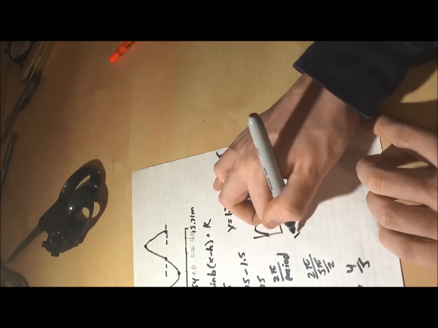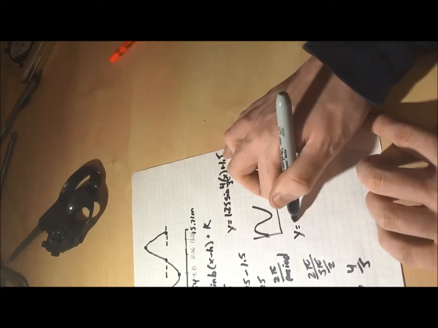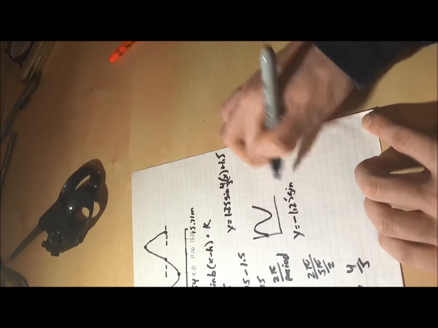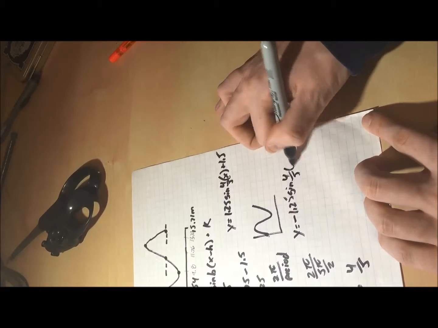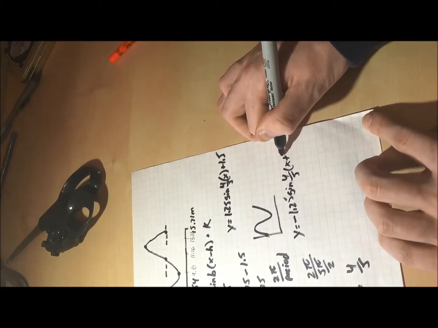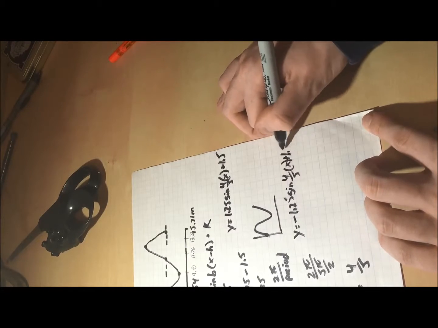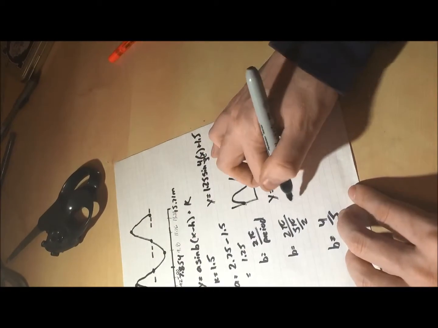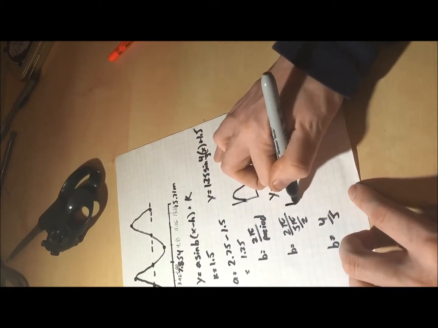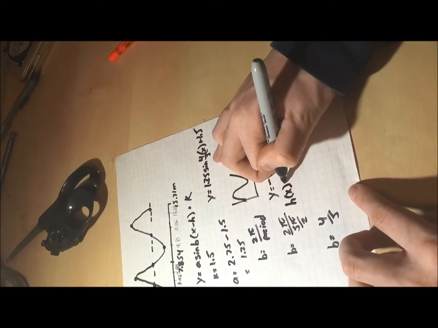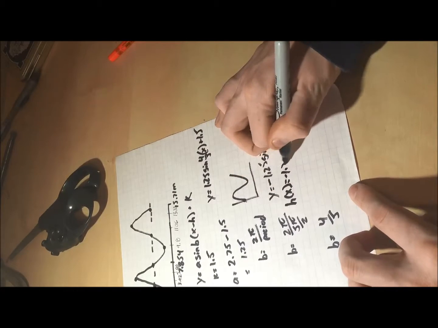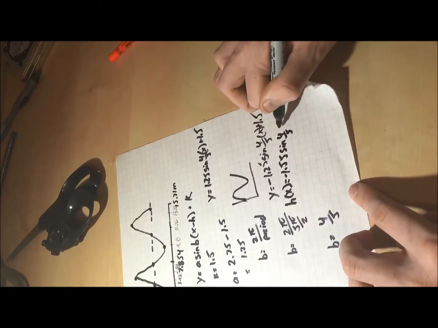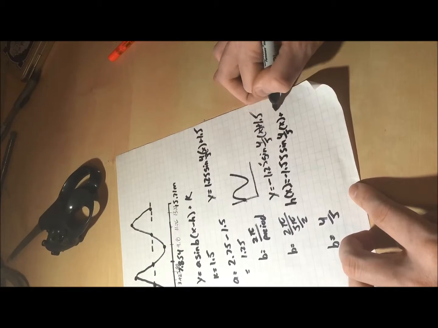And so to redraw this, we will have negative 1.25 sine 4 over 5x plus 1.5. So to also redraw this, we have h of x equals negative 1.25 sine 4 over 5x plus 1.5.